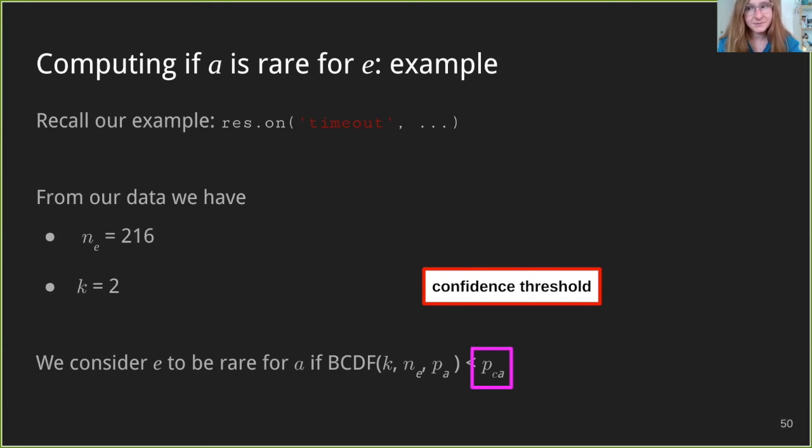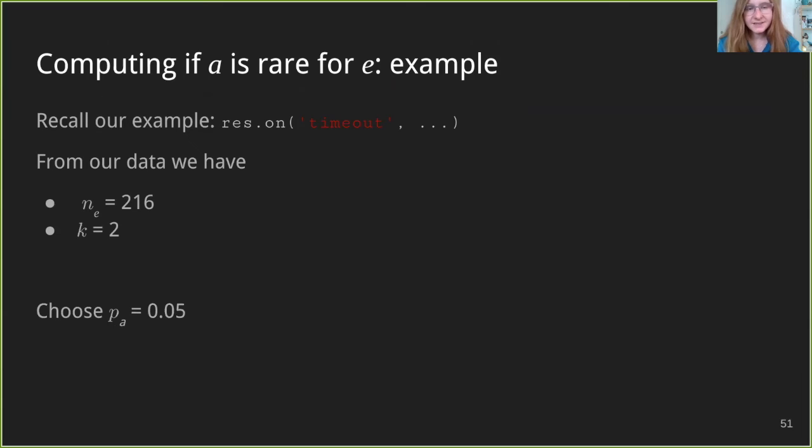And these are parameters. We don't know what these values should be. So imagine we choose PA to be 0.05. That would mean we're considering rarity if it's less than 5% of the time. So if we see this event less than 5% of the time on this access path, then it's rare. In our case, we would plug this in and we would get 0.001 back.